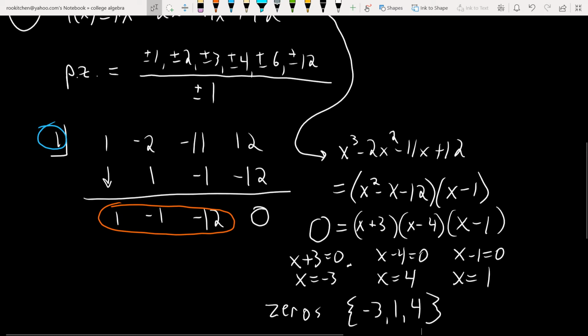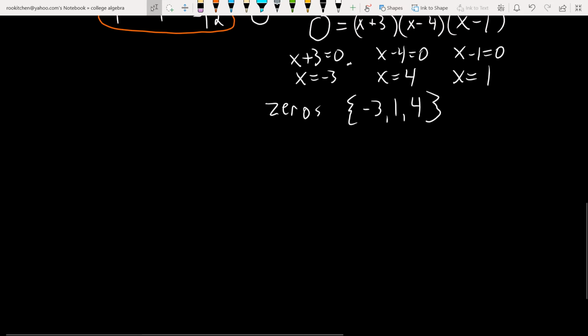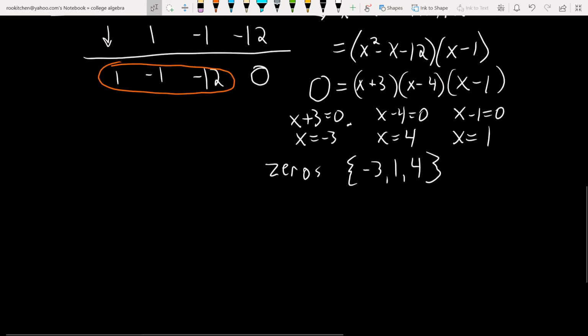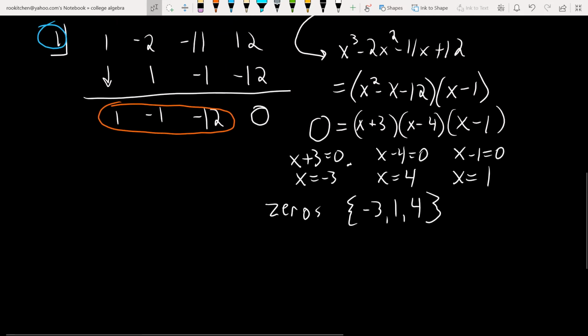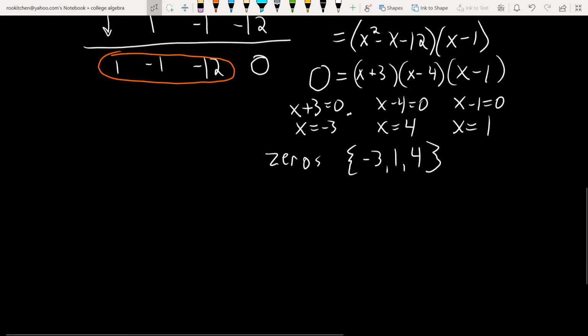And then you hopefully can factor it even more using your techniques from your previous math classes. And then you can set it equal to 0 and you have your zeros. Okay, so it's just a kind of convoluted way of finding the zeros of a polynomial, the x-intercepts.